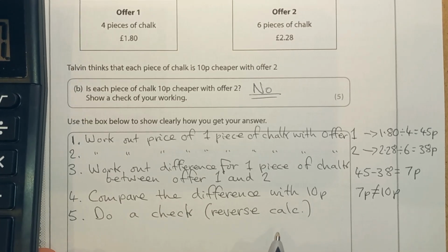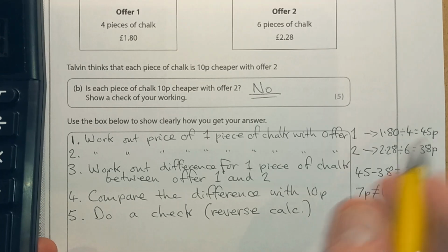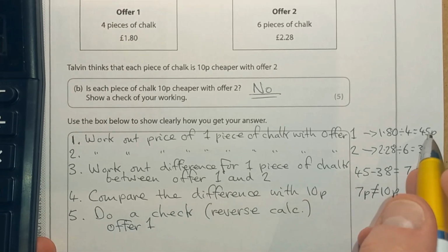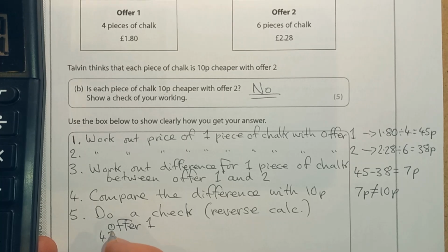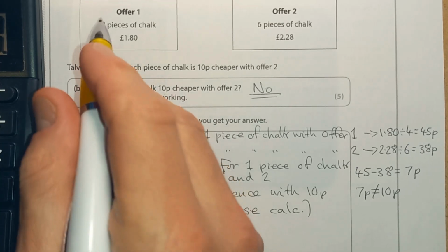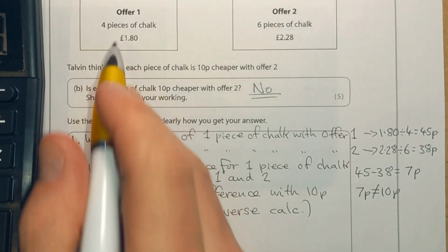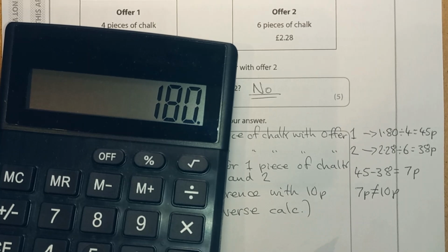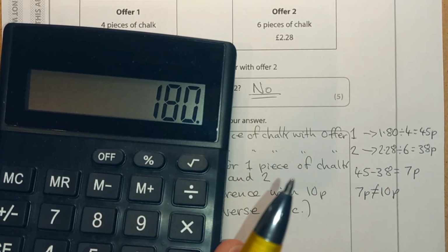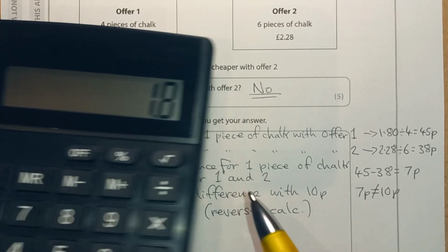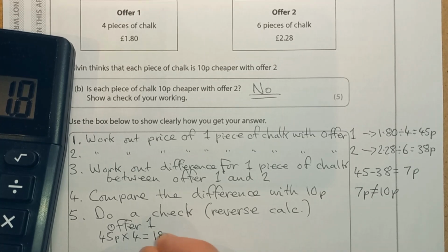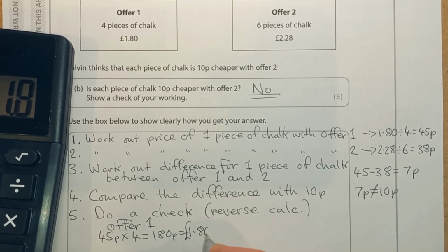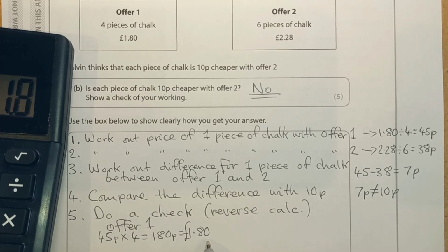Okay, so for this check, I said I think I'll do a reverse calculation. For each of the offers, I'm going to start with the per piece price, so 45p, and multiply it by 4 to check we get back to this. So 45 times 4 is 180, that's 180p. In pounds, that's £1.80, and we need to put the 0 in to make it 80p.